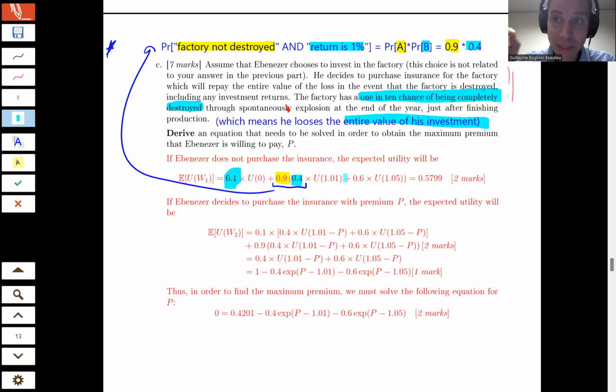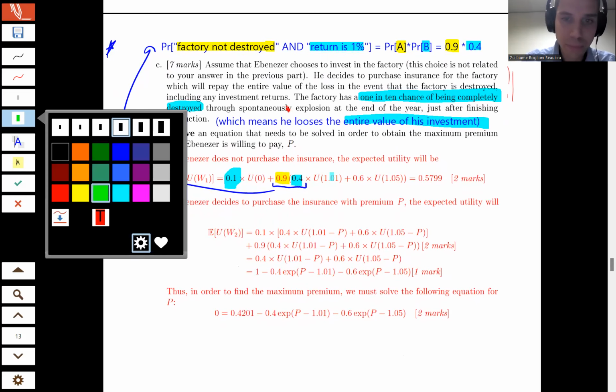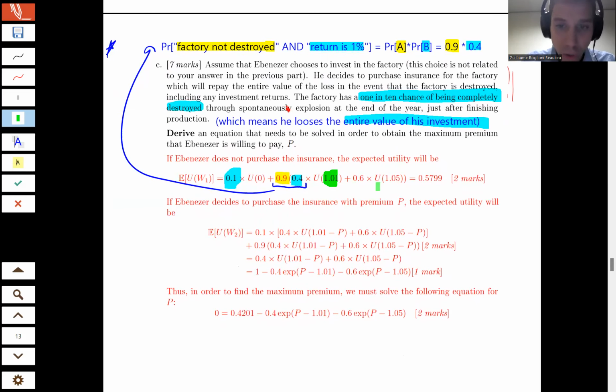And in that case, if this combined event happens, they will have a wealth of 1.01 at the end. Also, of course, there's another possibility, which is that the factory is not destroyed and they make a return of 5%.